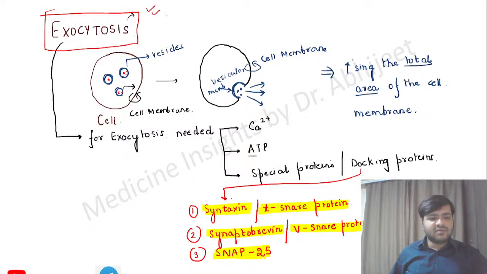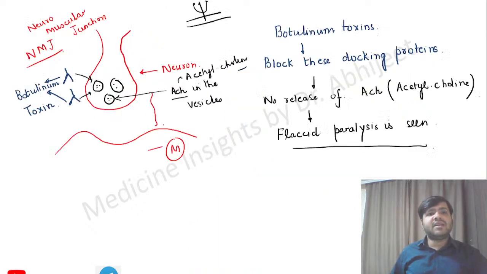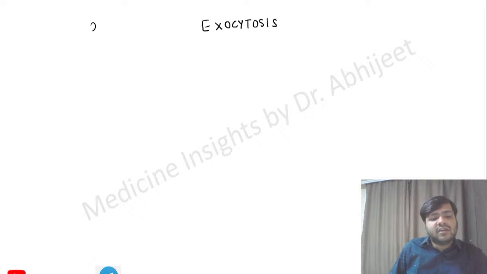Now exocytosis is basically of two types. I can say there are two pathways of exocytosis.